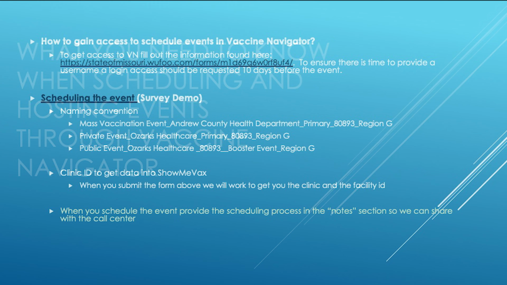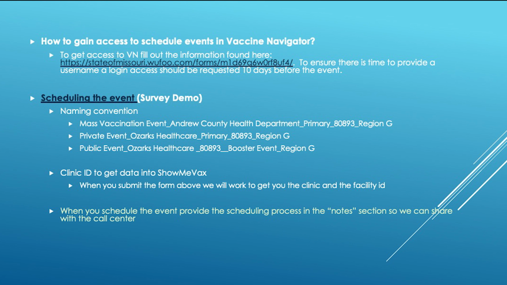So, gaining access to Navigators. If someone calls you and asks how they get access to it, on the vaccine administrator page, there is a link to a WUFU form that allows them to get into Vaccine Navigator. What that does is it sends a form to Susan and Major Miller, who look at that form. They get them access to Vaccine Navigator.